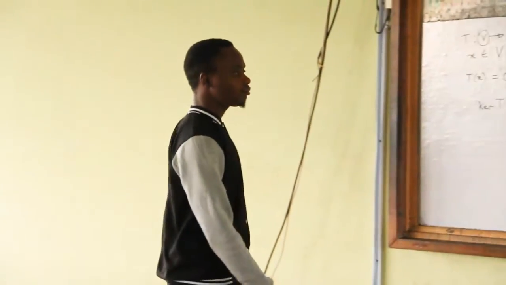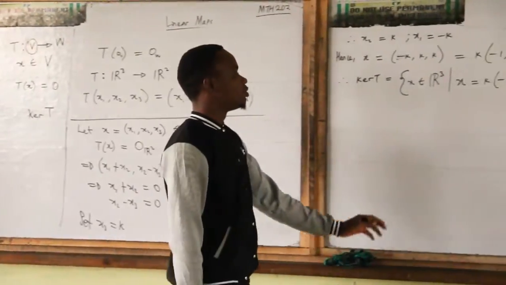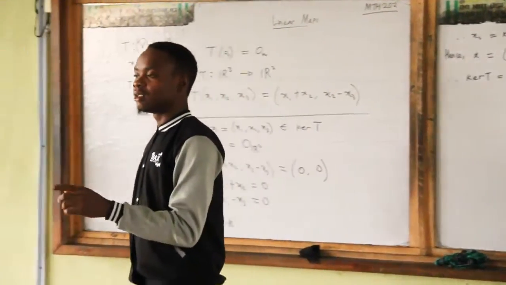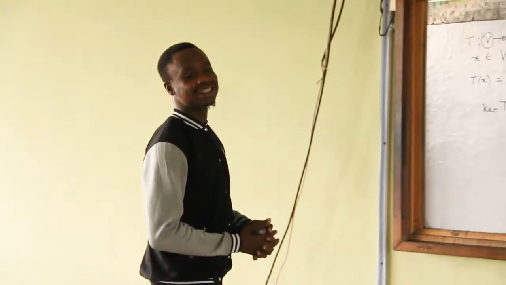Alright, listen very well. Now let me ask you something. We know that ker T is a subspace of R3. So if I ask you to find a basis for ker T from this result, what is a basis for ker T that you can obtain from this result? Do you know the meaning of basis?